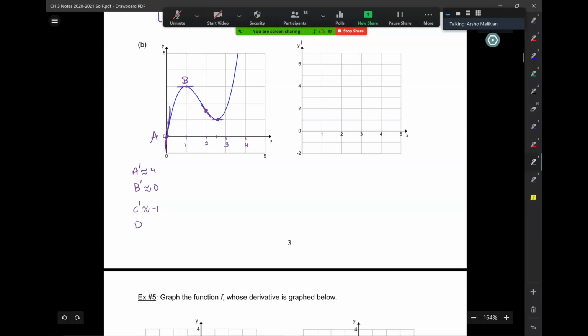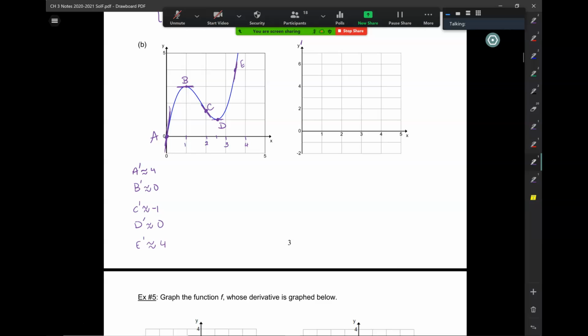Or the value, x is 2.5. I'm going to call this C and this D. So D prime we're going to say is about 0. Then I'll pick another one here at E, and that looks like it could have the same slope as what we began with, so I'm going to make it about a 4.